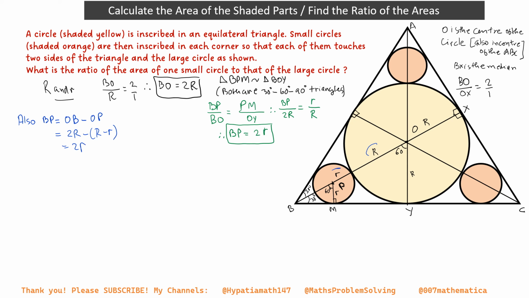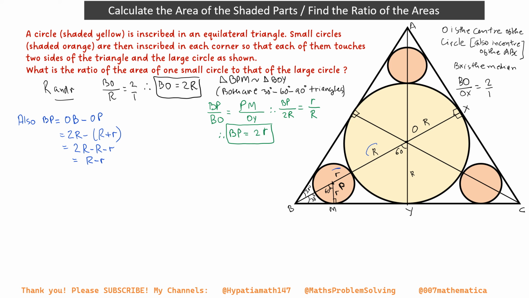Sorry, I got it all wrong. Sorry about that. So BP is equal to OB, OB is twice capital R, minus OP, that is capital R minus small r. So that equals capital R plus small r.